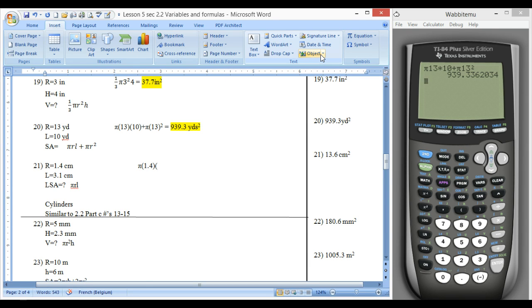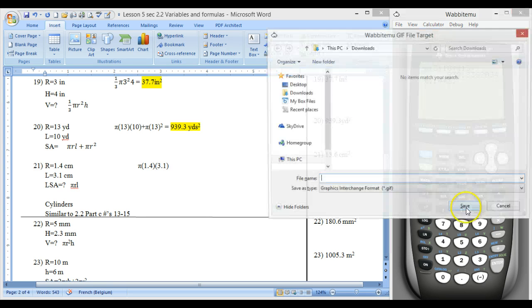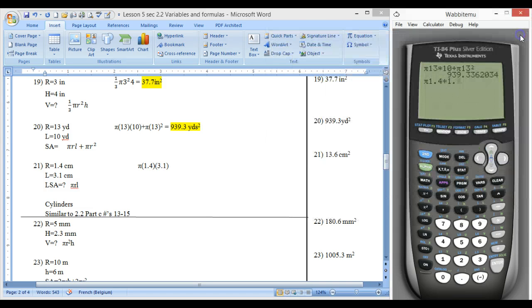I'm also substituting an L for the formula, 3.1, so put parentheses there. And that one's just multiplying. I'm going to use my calculator on this one. Pi times 1.4 times 3.1. There we go.